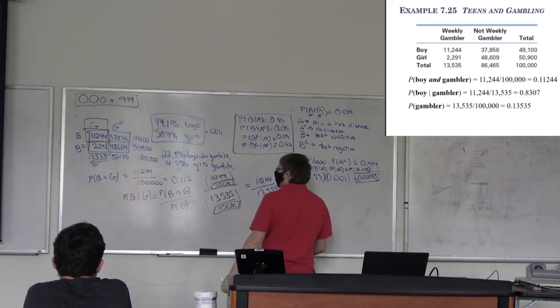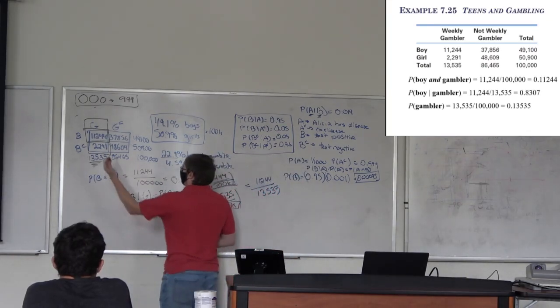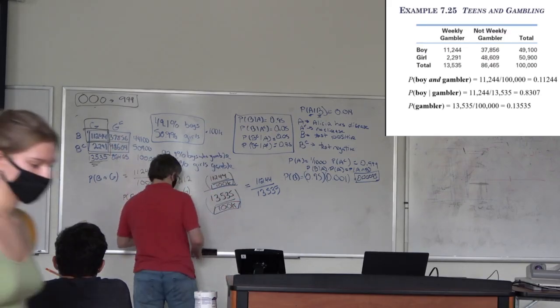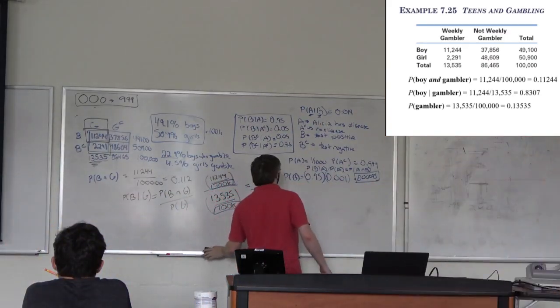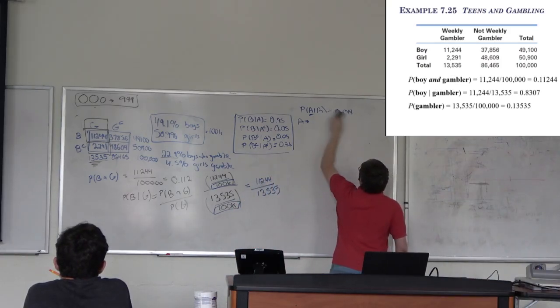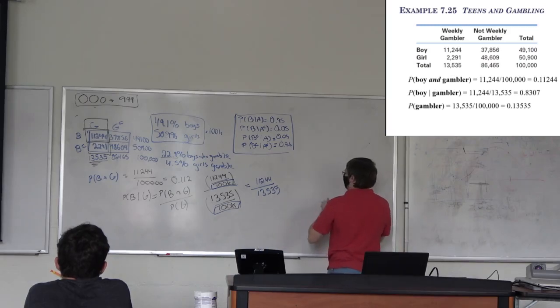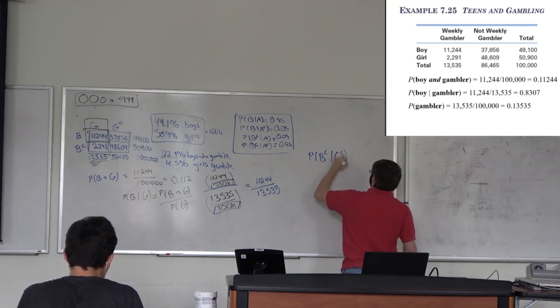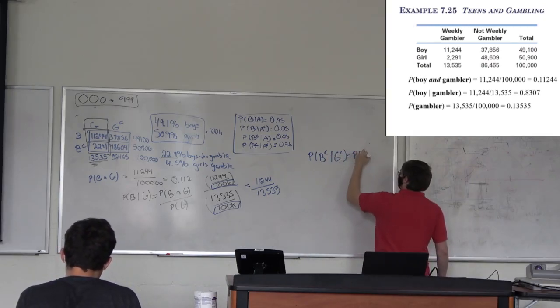And so you can do this in any case. Suppose I wanted to figure out, what's the probability of girl given that they didn't gamble? Well, the probability of girl, which is B complement, given that they're not a gambler, it's the same thing as this.